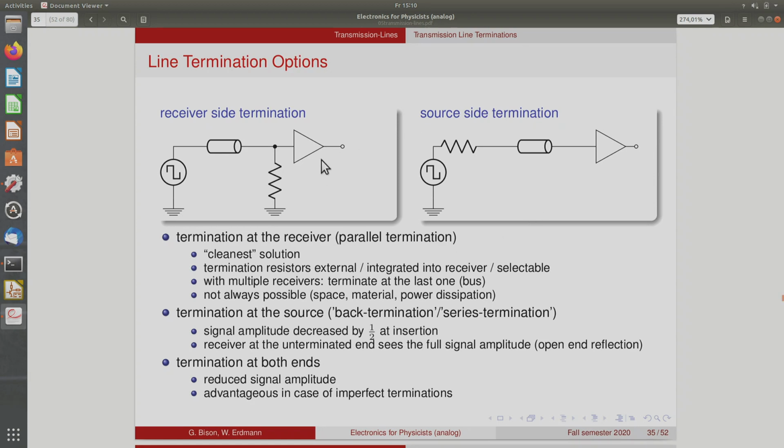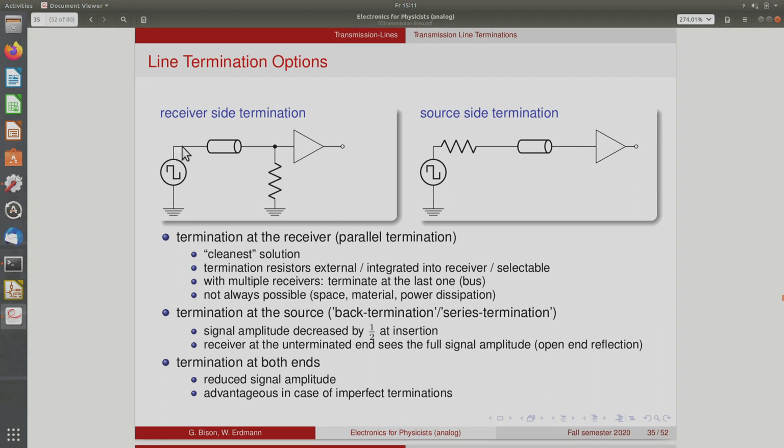So what you need to do, if you want to send a signal cleanly from here to here, you take your transmission line, and you put a resistor here to ground, which has the resistance of your characteristic impedance. So if it's a normal LEMO cable, you put a 50 ohm termination resistor here. You will do this in the practical exercise and see what that does. So this is the cleanest solution that people usually use.